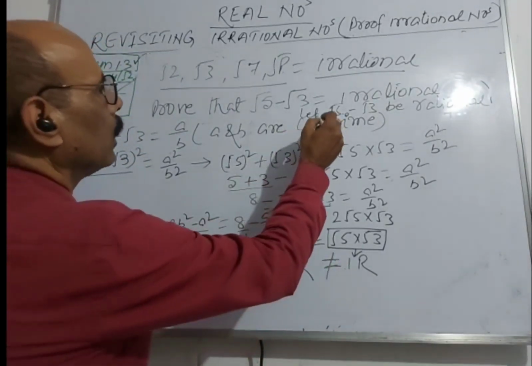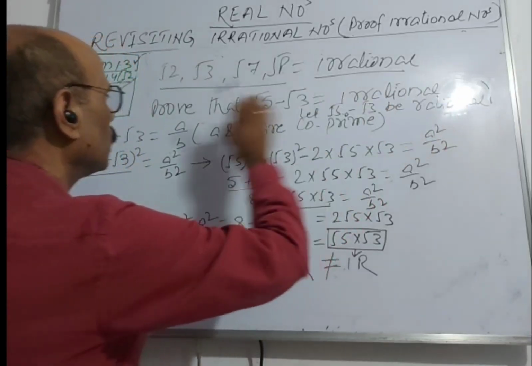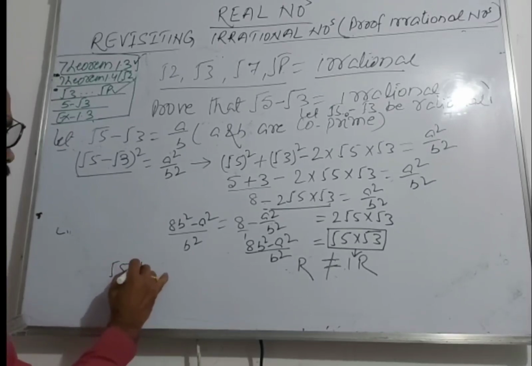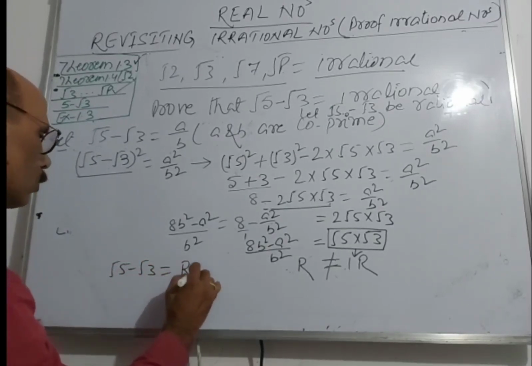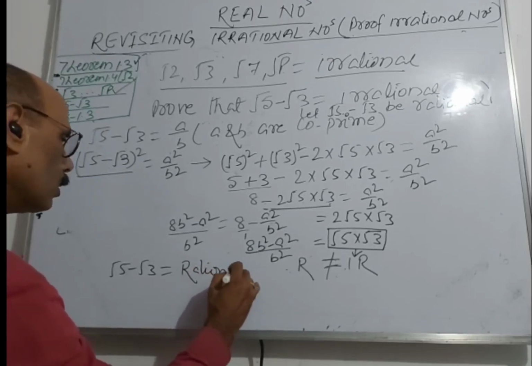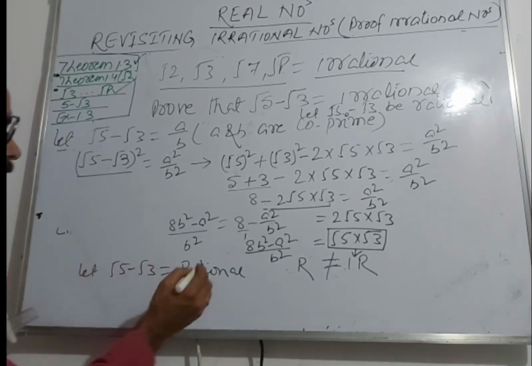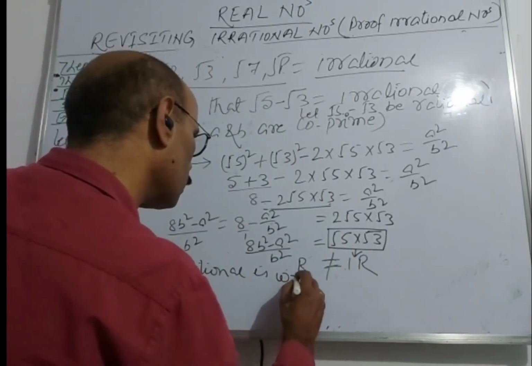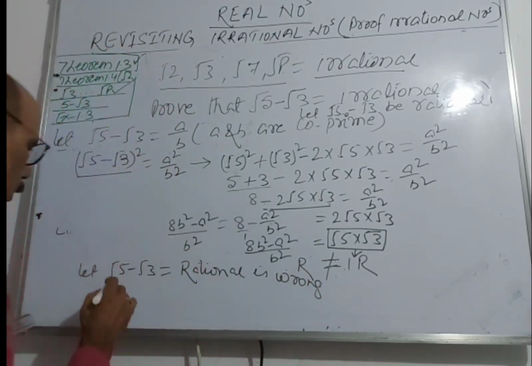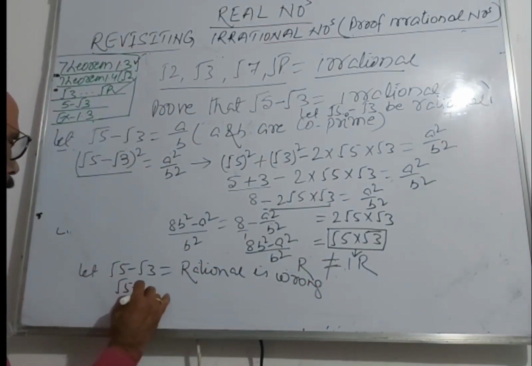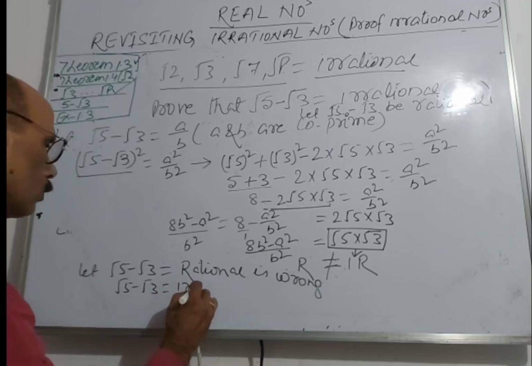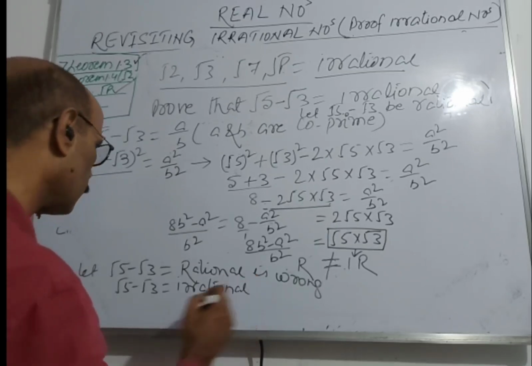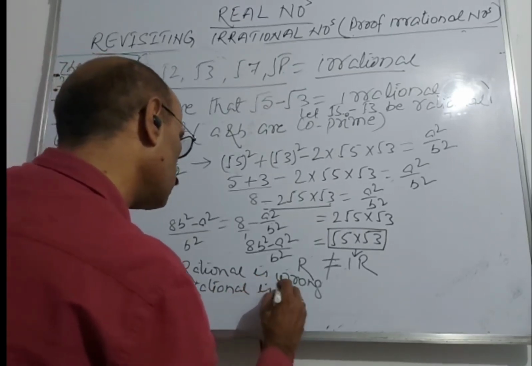That means the assumption that root 5 minus root 3 is rational is not correct. Then what is correct? Root 5 minus root 3 is not rational; it is wrong. So the correct one is the opposite: root 5 minus root 3 is irrational. Correct.